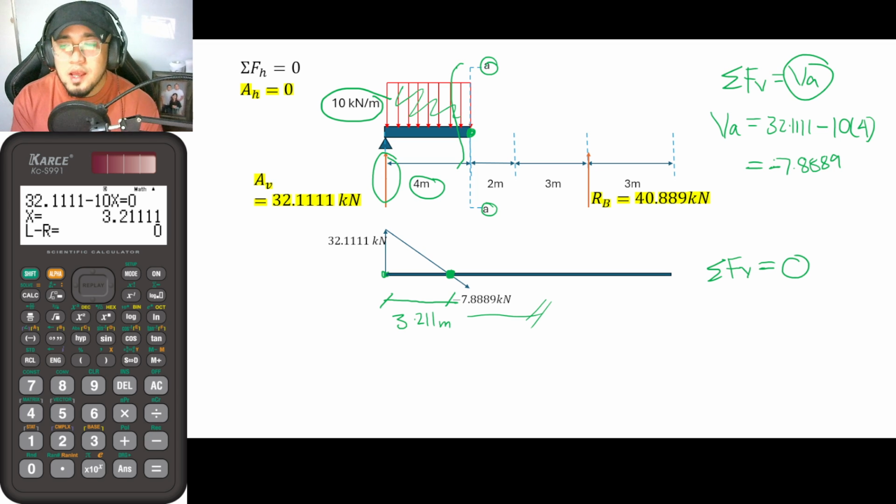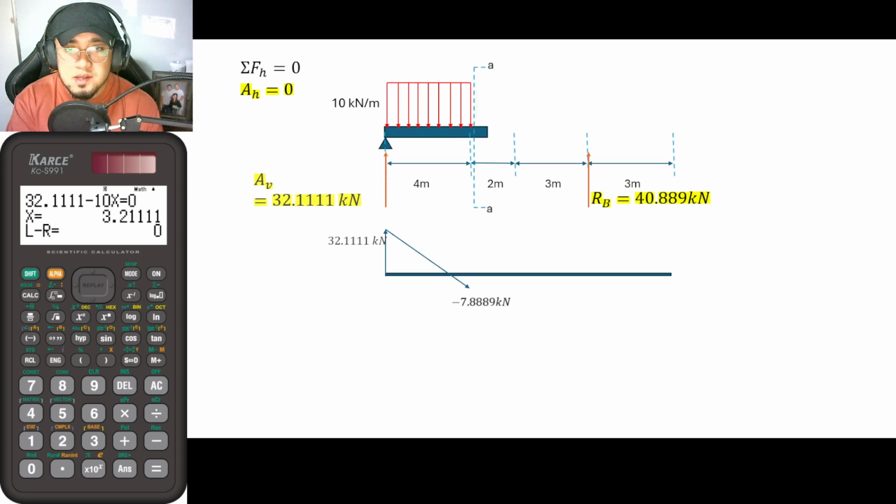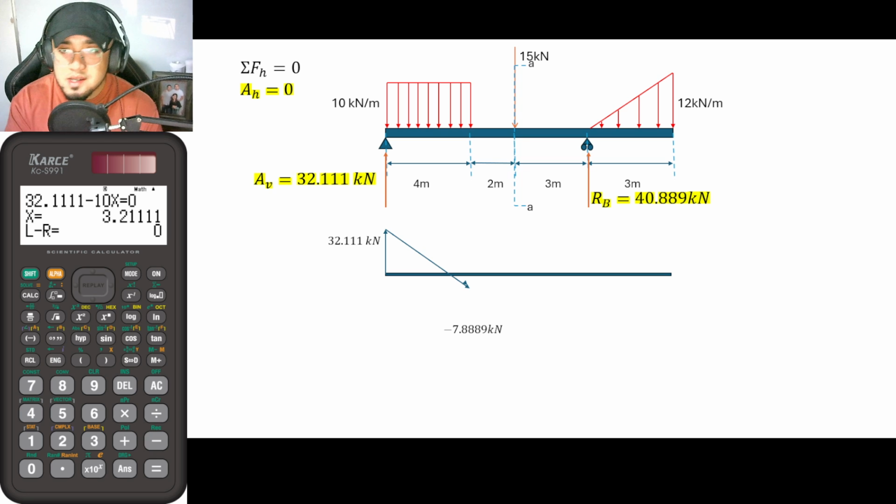Okay, so next up, how do we solve for the next segments? Let us now get the next point. At this span, nothing interesting happens, so there are no forces acting at this span.